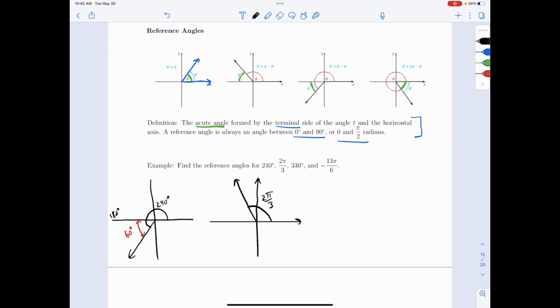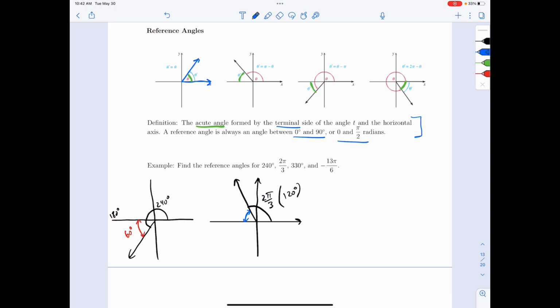If you want to convert that into degrees, that's the same thing as 120 degrees. Oftentimes, if we're graphing, it makes things a little easier if we write this in degrees. But this angle, 2 pi over 3, is in quadrant number 2. Our reference angle is going to be this angle here. It's the angle, again, that gets us back to the x-axis.